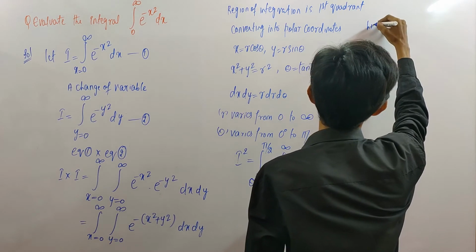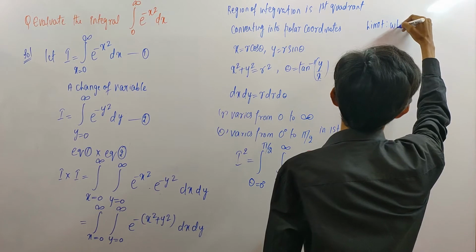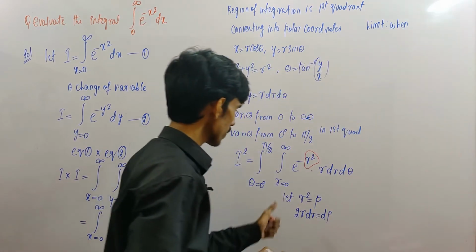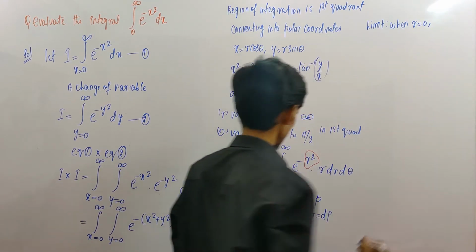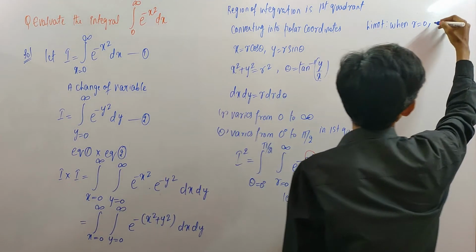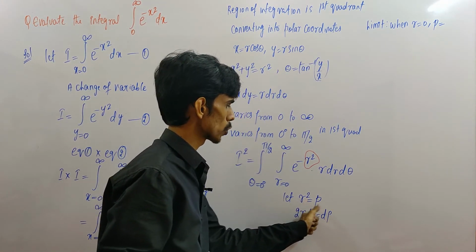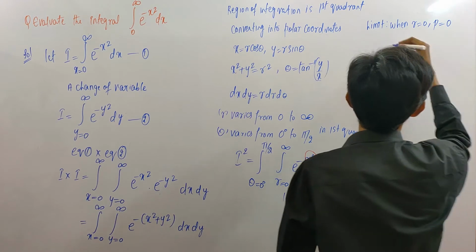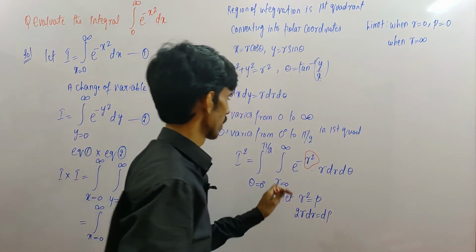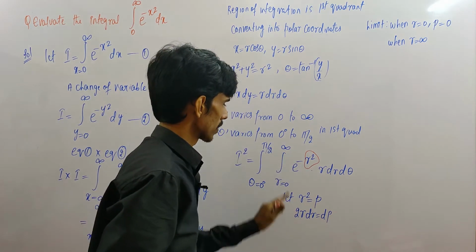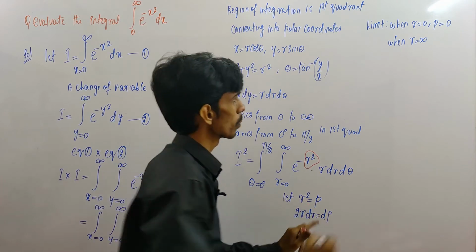When r value is 0, 0 square is 0, so p value is 0. When r value is infinity, infinity square is infinity, so p is infinity.